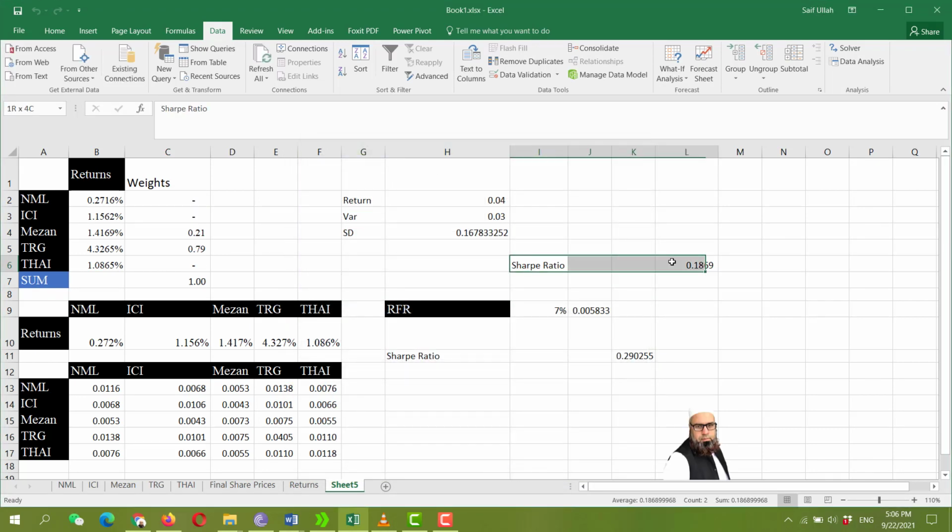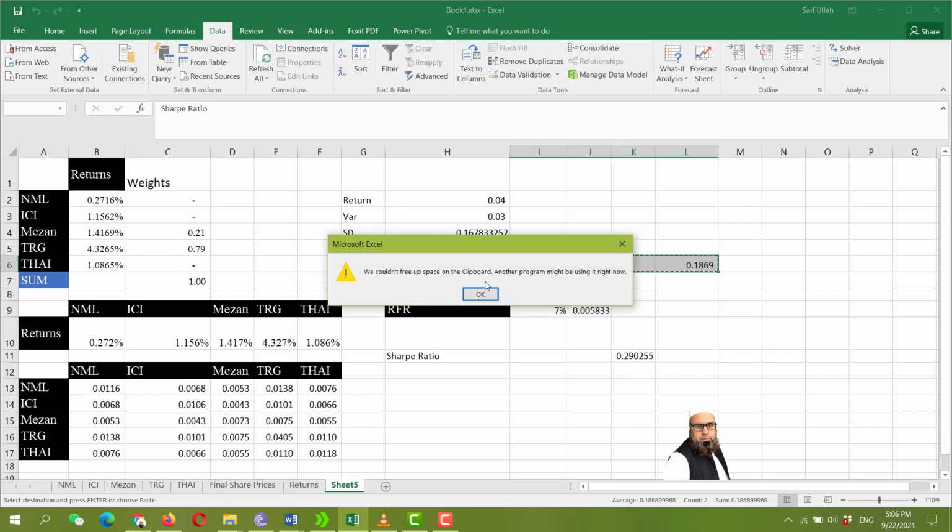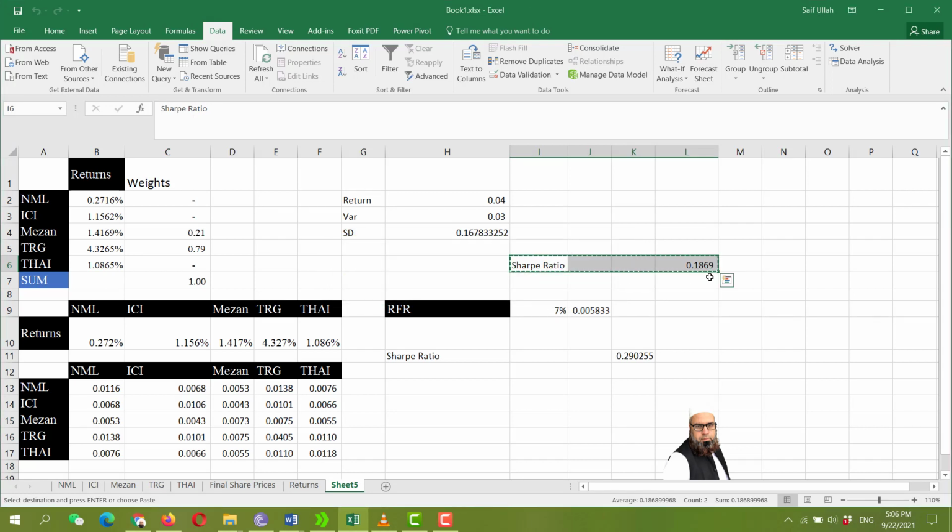Now this shows that the Sharpe ratio is 0.1869. It means 18% approximately. When we allow that weights can go negative, then the Sharpe ratio is 29%. It means when we short some assets and buy some assets, then the Sharpe ratio can be 29%.